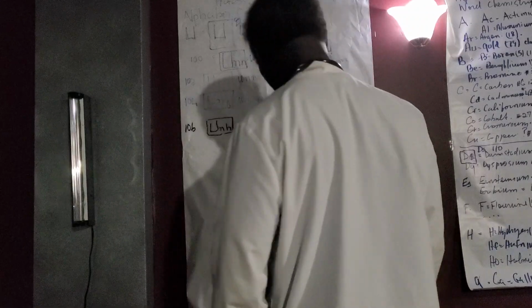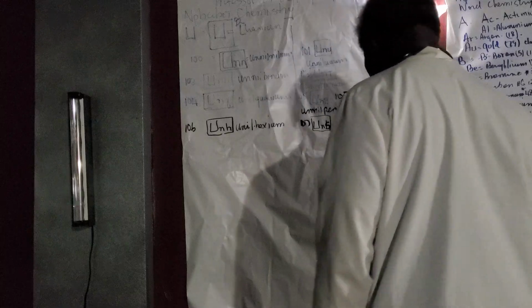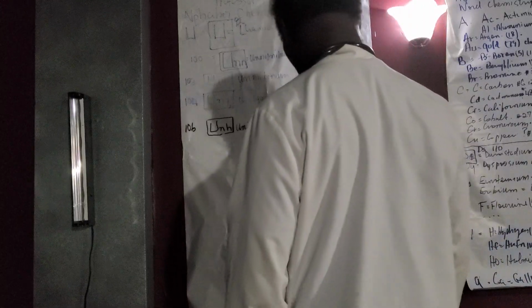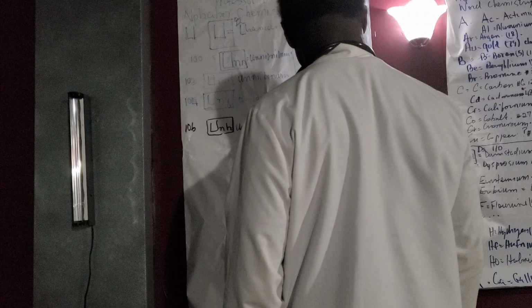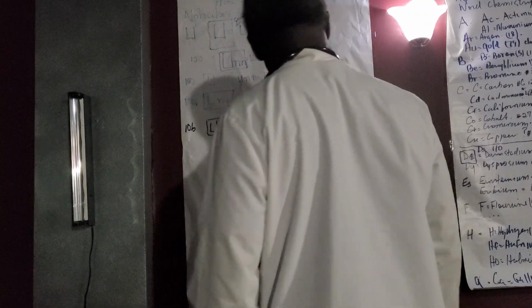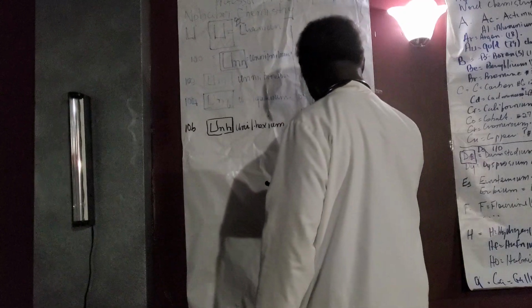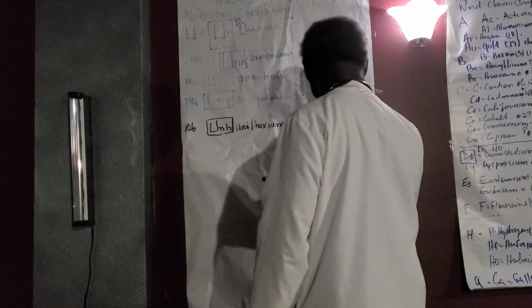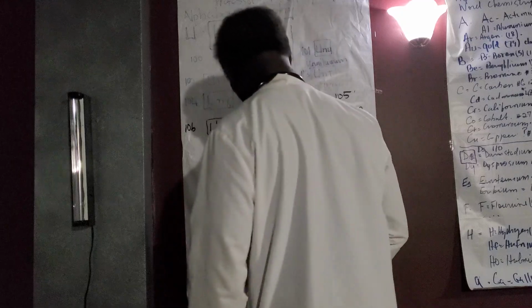So one is axiom and one is septium, so that we wouldn't have a redundancy in the symbol for these elements. U, nil, UNS, and one is UNH.